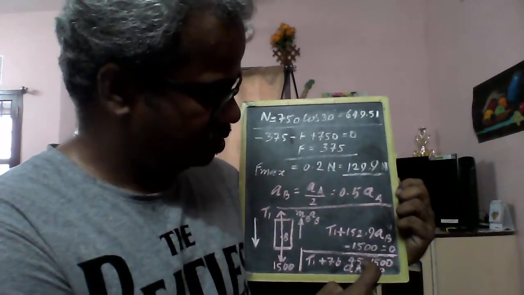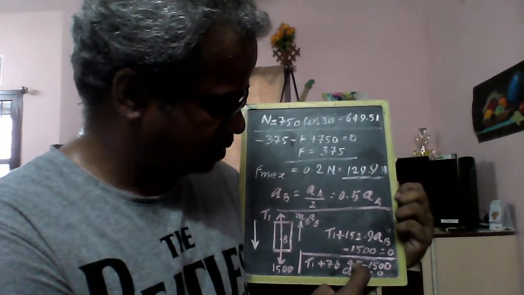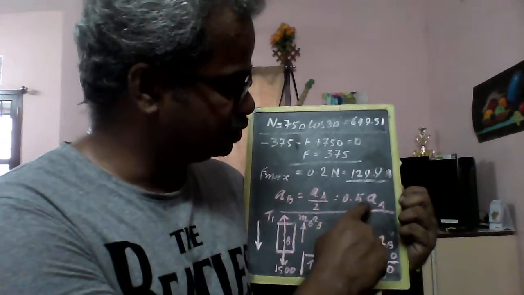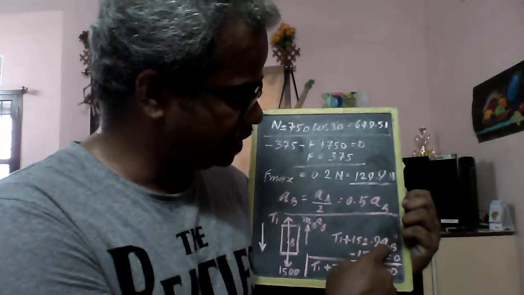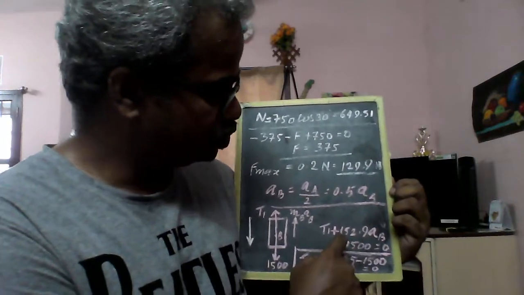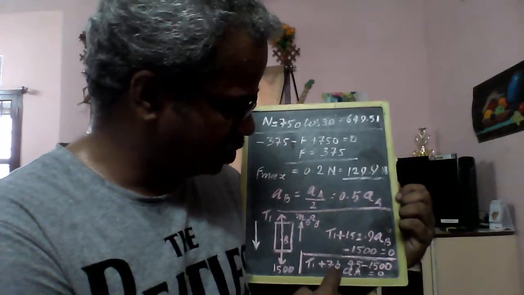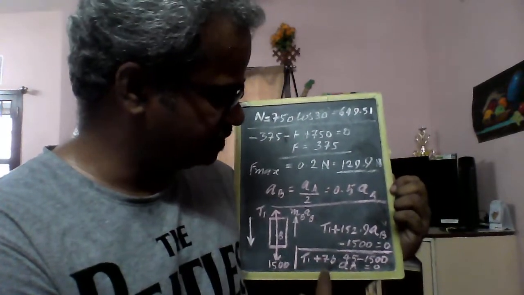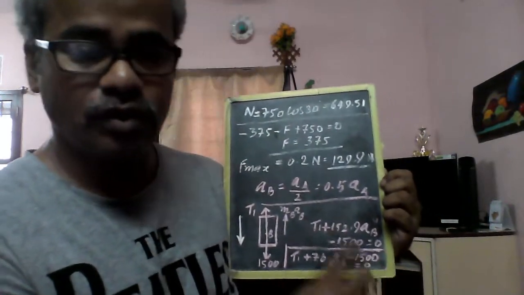AB, I will be substituting as 0.5 AA. So 152.9 into 0.5 will be 76.45 AA. So T1 plus 76.45 AA minus 1500 equal to 0. That is my first equation.